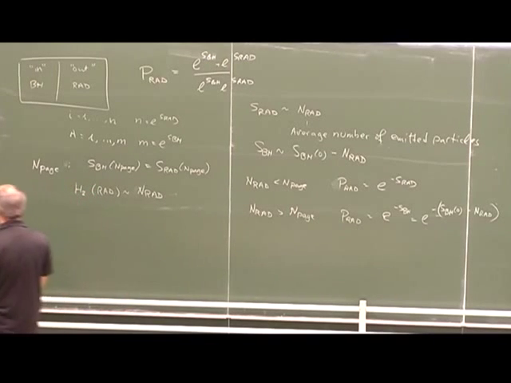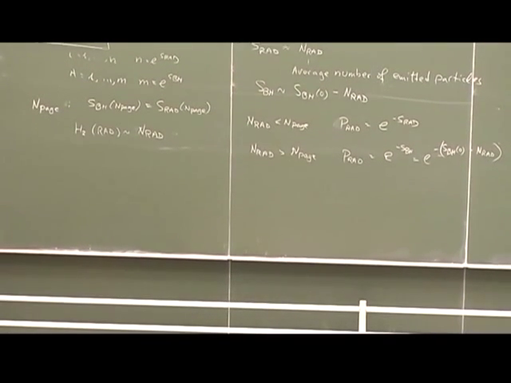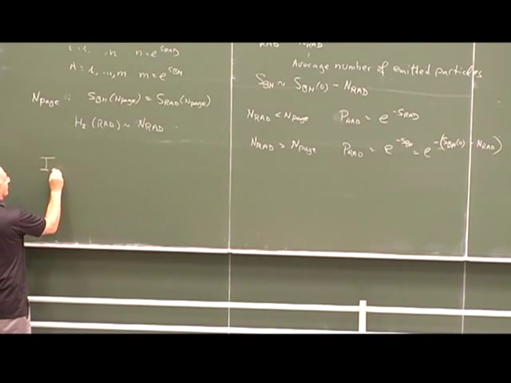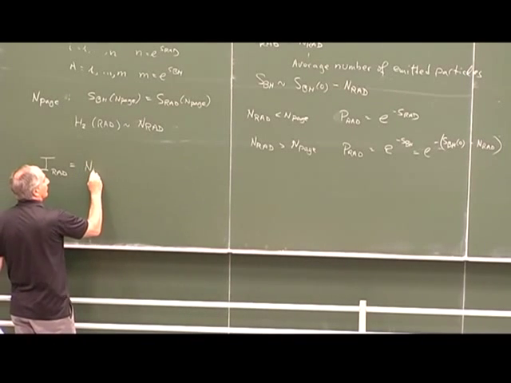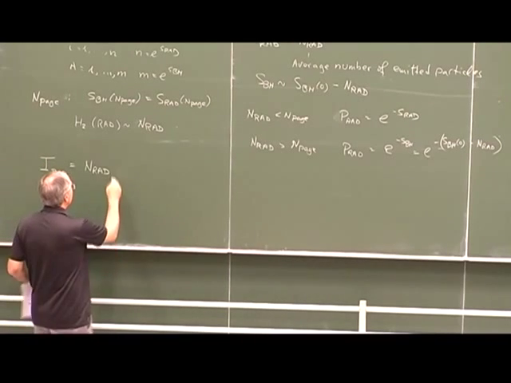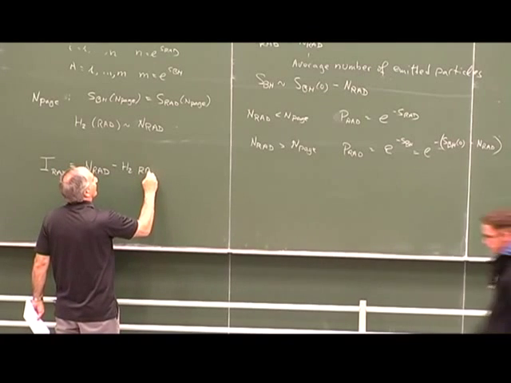And we can also calculate the information in the radiation. You remember information was the thermal entropy minus H2 of the radiation.